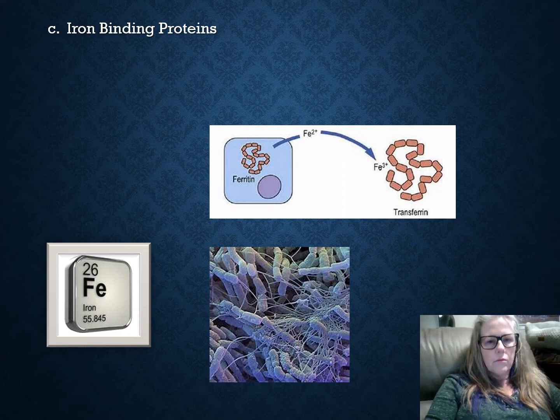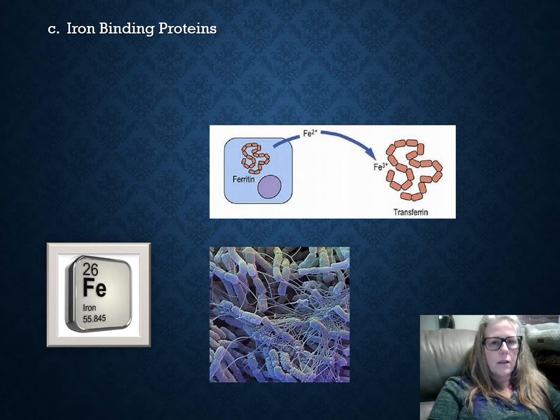Now, we get iron from the things that we eat, and we will recycle as much iron as we can. Now, here's the thing. Free floating iron in our blood is not a good thing for us. It can be toxic if we have too much.